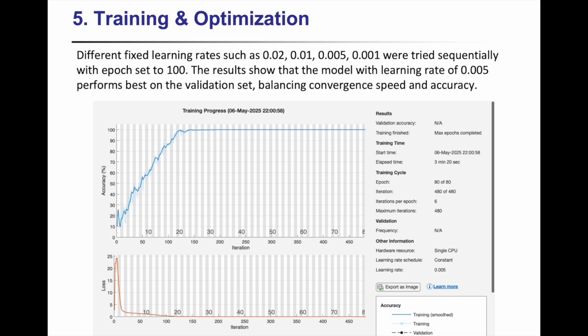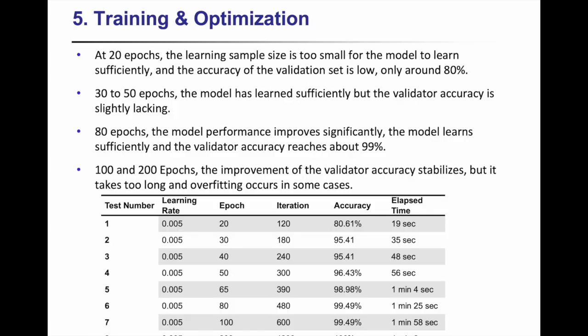The results show that the model with a learning rate of 0.005 performs best on the validation set, balancing convergence speed and the number of epochs. We can see that at 20 epochs, the training sample size is too small for the model to learn sufficiently, and the accuracy on the validation set is low.